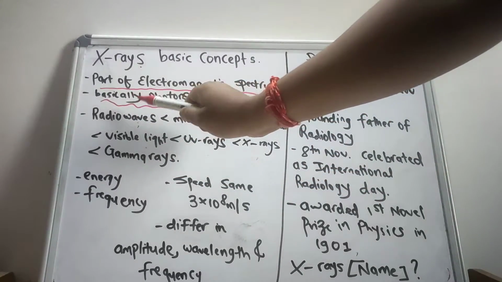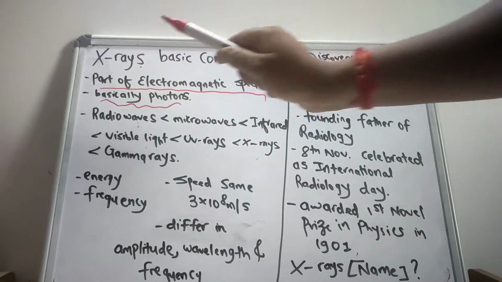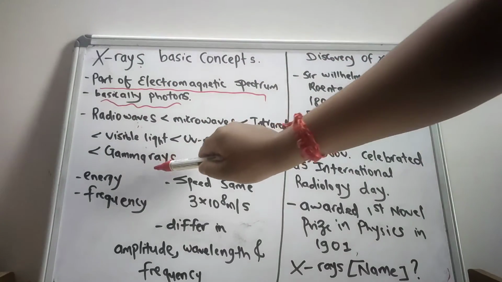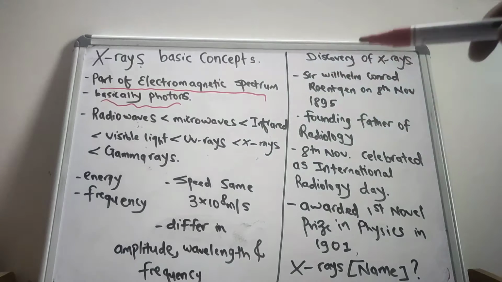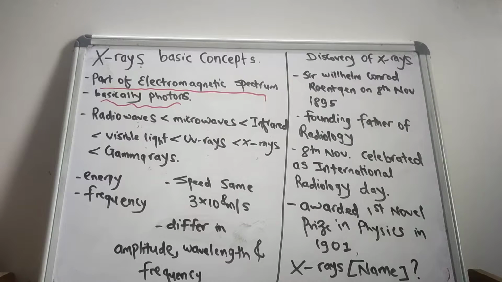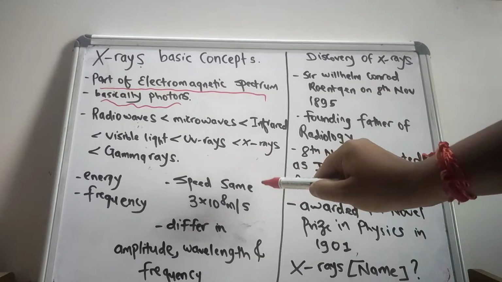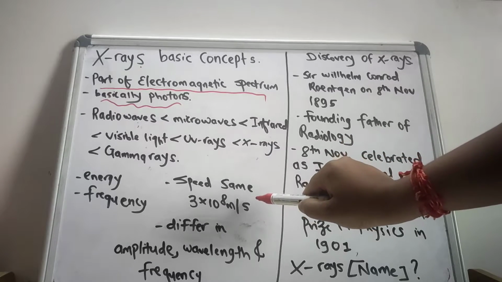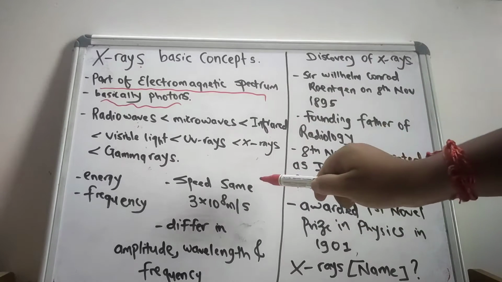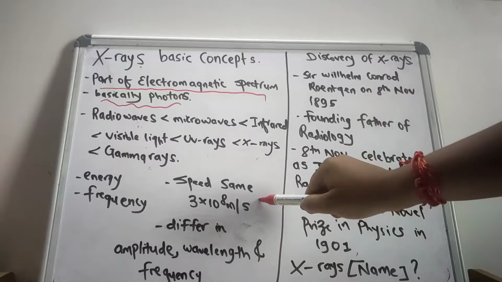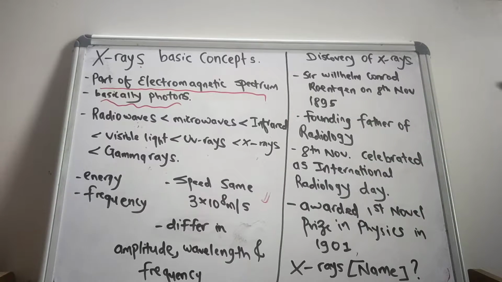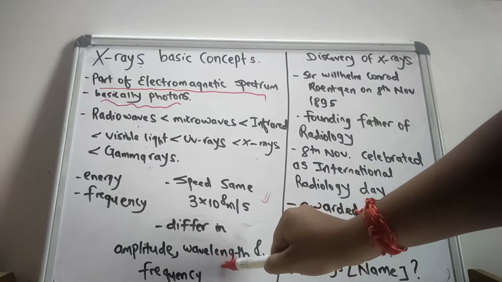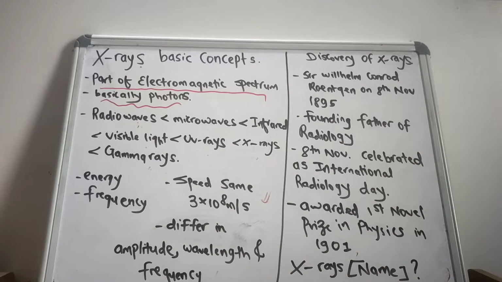Here the lowest energy and frequency is that of the radio waves, and the highest energy and frequency is that of the gamma rays. All the components travel in space at the speed of light, that is 3 × 10^8 meters per second. They only differ in amplitude, wavelength and frequency.